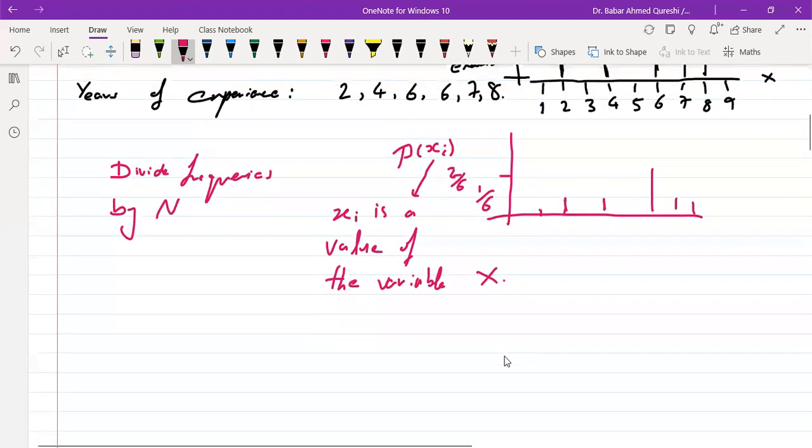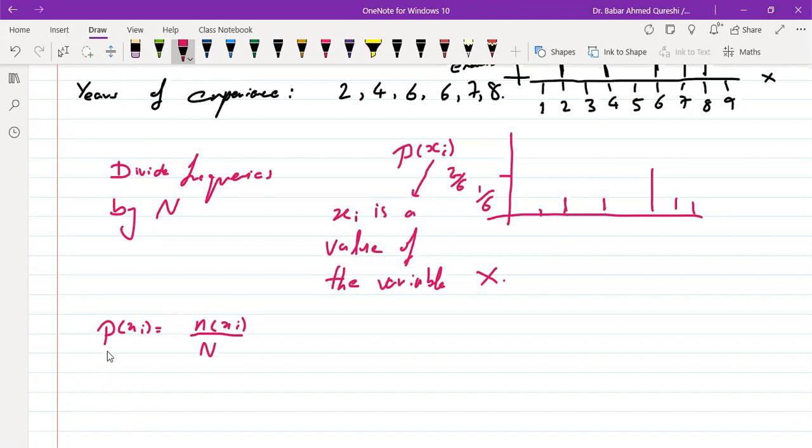And P is just, you have taken the frequencies and divided by the total numbers. It is n of xi, where n of xi is how many times you have it in the population, divided by the total number of members in the population.